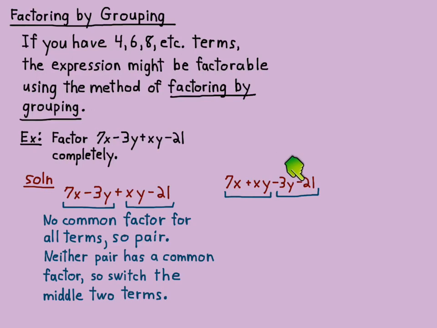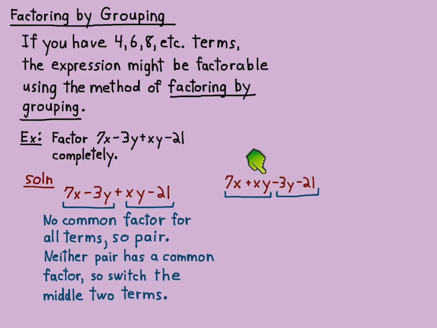These two have a common factor of minus 3. They're both negative, so I would factor out the negative as well. It just makes it come out easier. So factor out a negative 3 here.